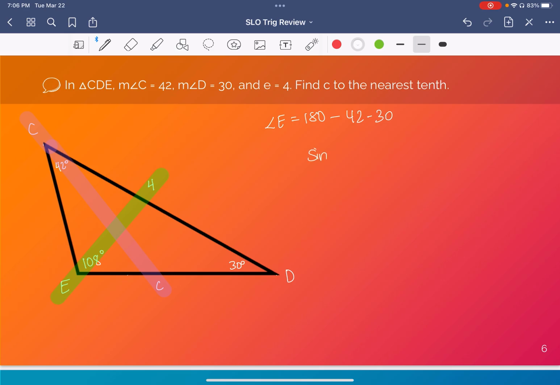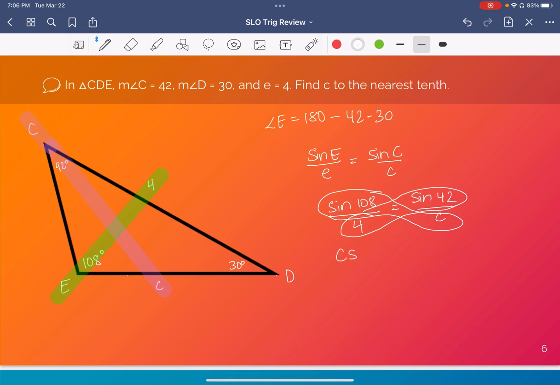So my formula will consist of sine E over E is equal to sine C over C, and then I'll just plug everything in. Angle E is 108, side E is 4, angle C is 42, and I'm solving for little c. Now at this step, you're going to cross multiply. So we have C sine of 108 is equal to 4 sine of 42.